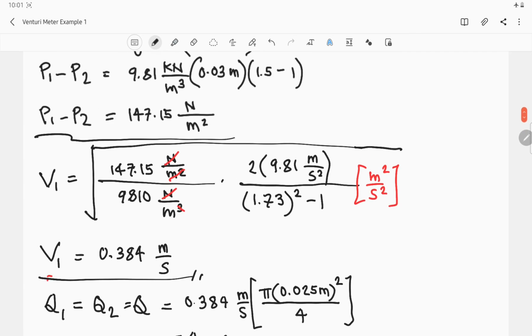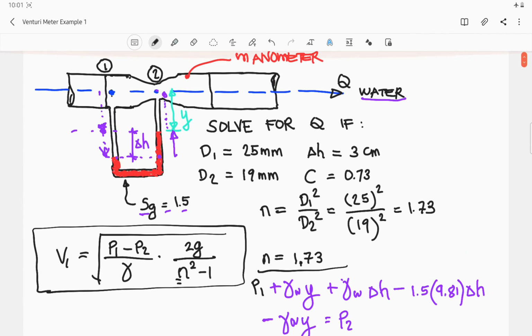So, we'll review our sample. We are given a horizontal venturi meter with a mouth diameter of 25 mm and a throat diameter of 19 mm. The difference in elevation of the liquid in the manometer, delta H, is 3 cm. The specific gravity of the manometer liquid is 1.5. First, we solve for N, d1 over d2 squared, so 1.73.